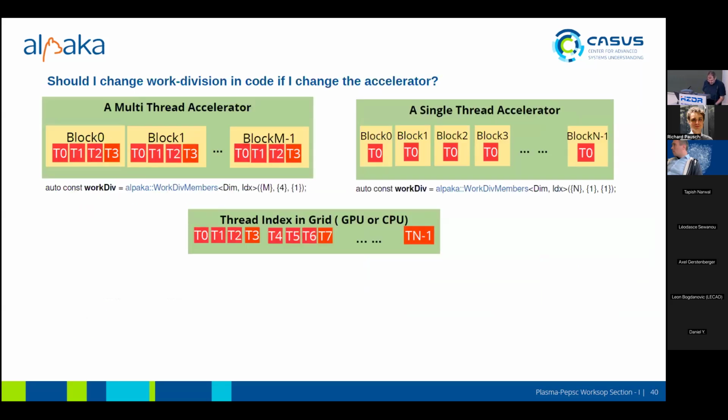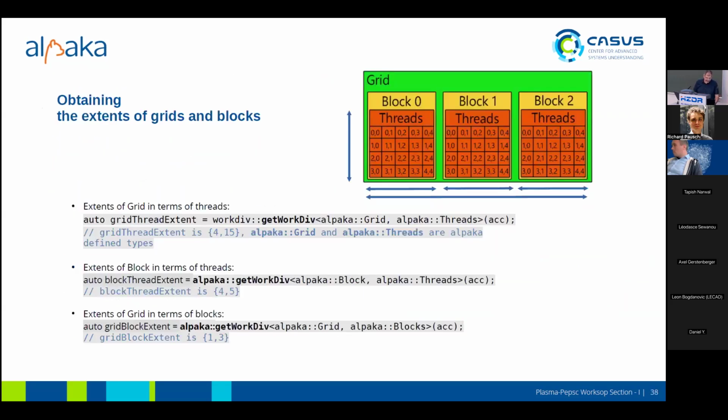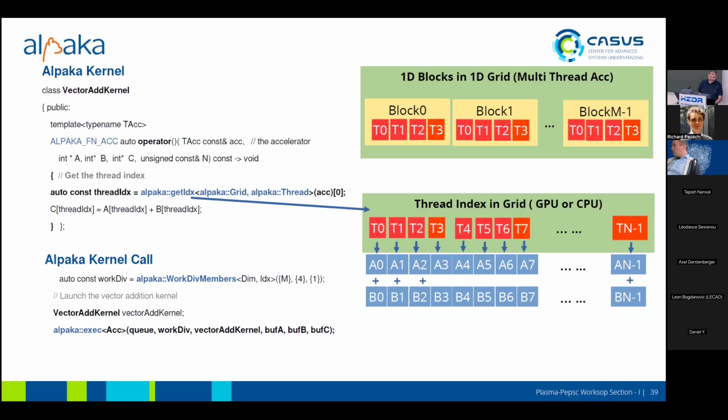Now, I would like to talk about setting work division for different backends. In GPUs, a block can have many threads, but in CPUs, each block can have one thread, or in other words, we have a limited number of threads. Therefore, how work division is selected for different backends is important.